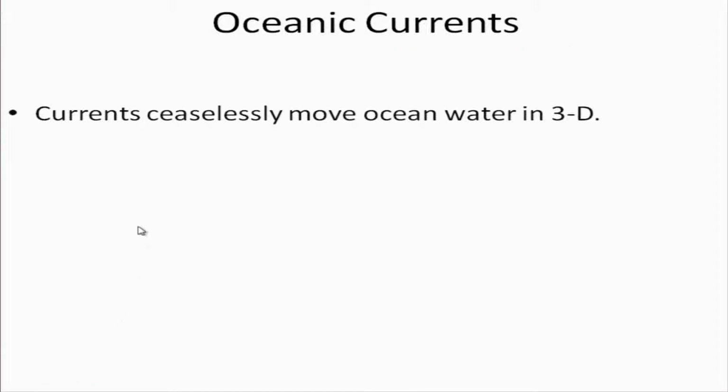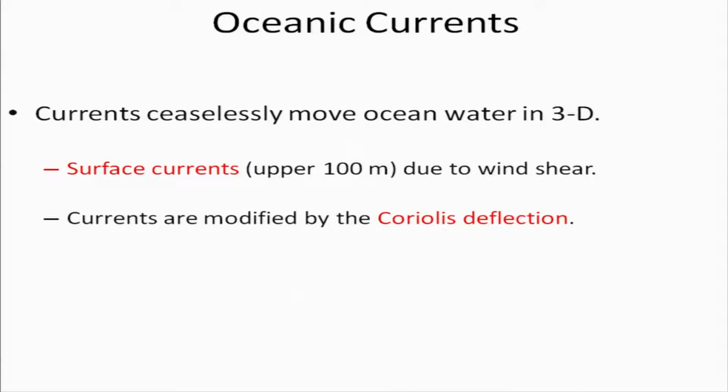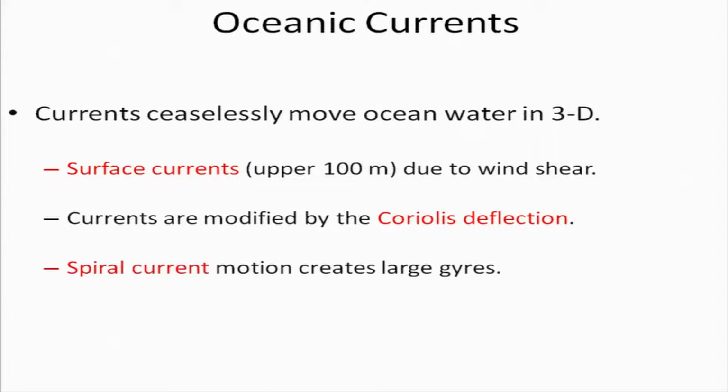So in total, what we see is that the current moves in 3D fashion, and the surface currents are controlled or affected by the wind shear blowing on the surface of the water. And the modification we see in the movement is because of the Coriolis effect, whereas the spiral current motion creates gyres.